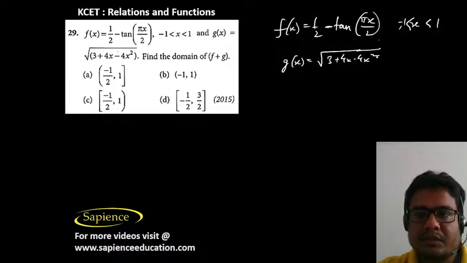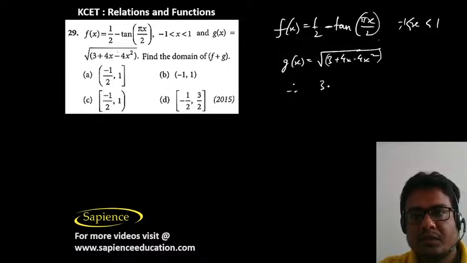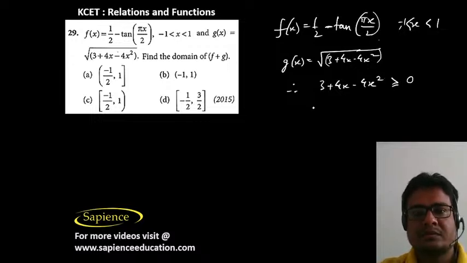So this one should be greater than or equal to 0. Therefore 3 plus 4x minus 4x square should be greater than or equal to 0 always.